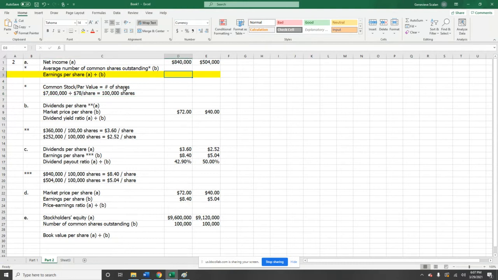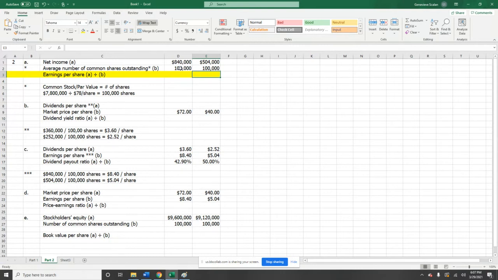So the average number of shares outstanding is 100,000, and we need that to calculate things like earnings per share and payouts per share. So that's all we need.